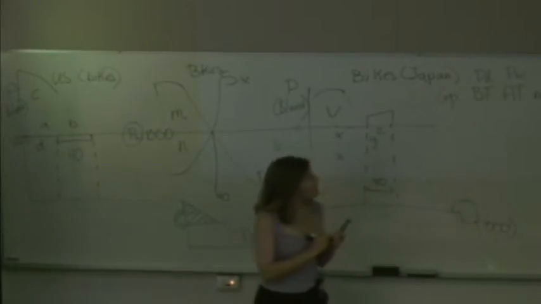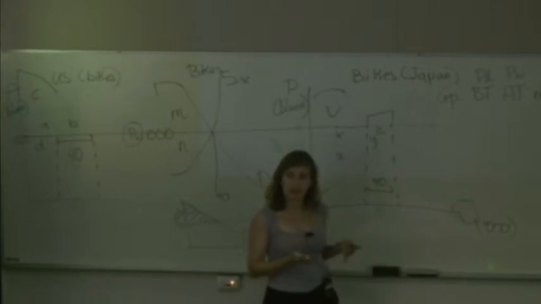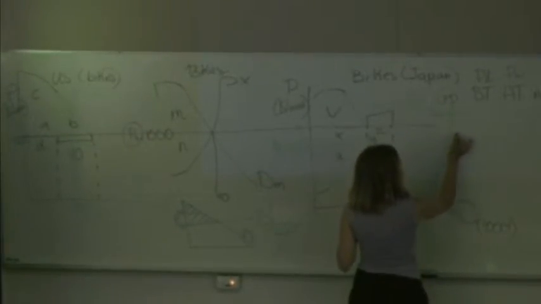What groups are going to be affected by this trade? The two main groups we're going to look at are consumers and producers in both countries. So let's start with Japan, Japanese producers and consumers, and we also have to consider US producers and consumers.